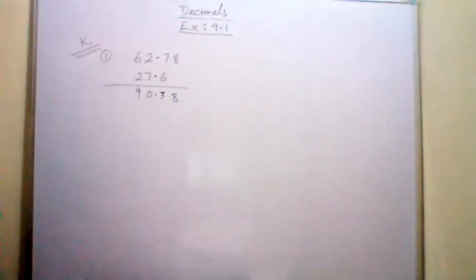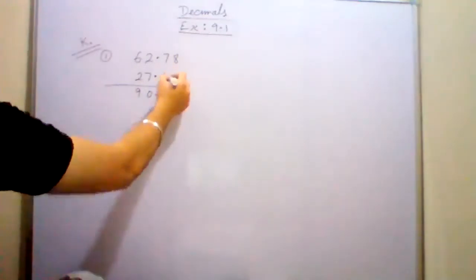Sir, I'm saying that the second number is 27.6. So, sir, we have to make it 27.60 because there is no digit, so we have to make it 0. Yes, you can do that also. You add another 0 here.